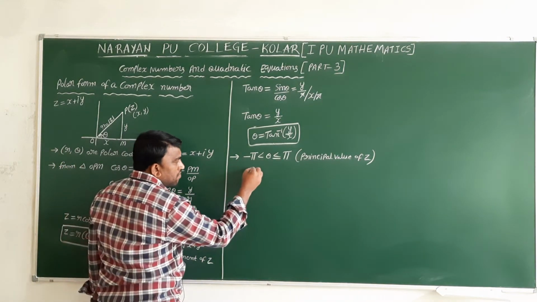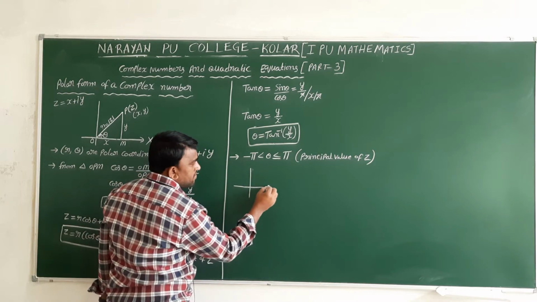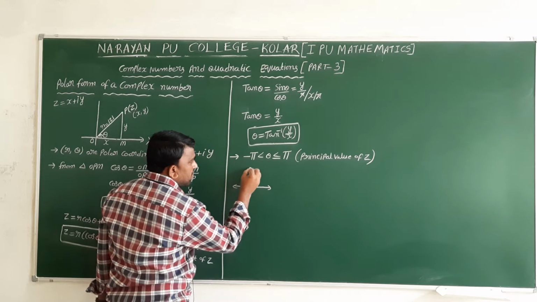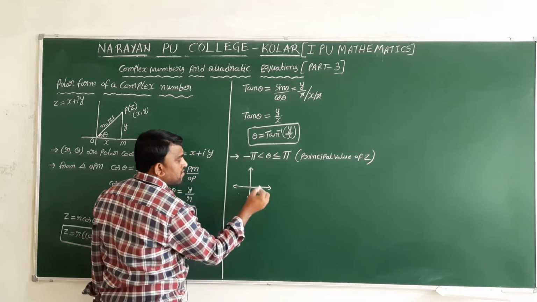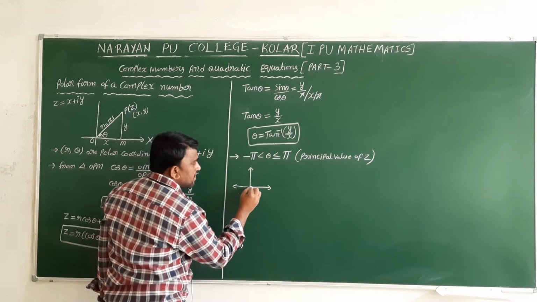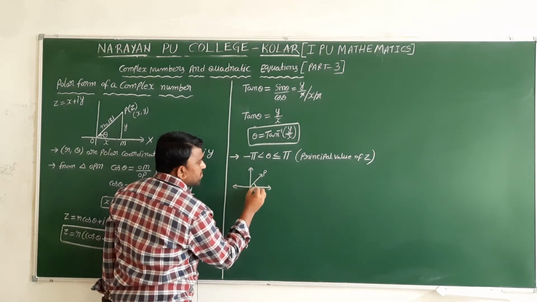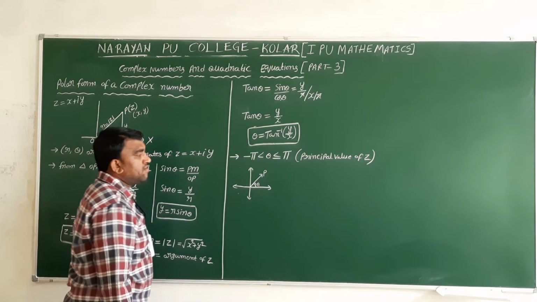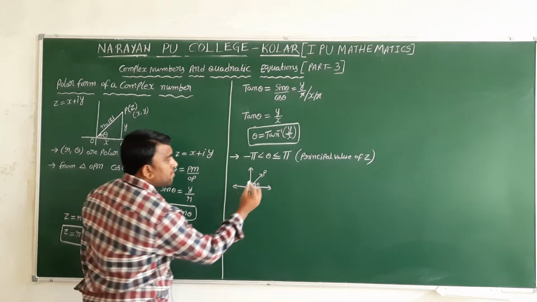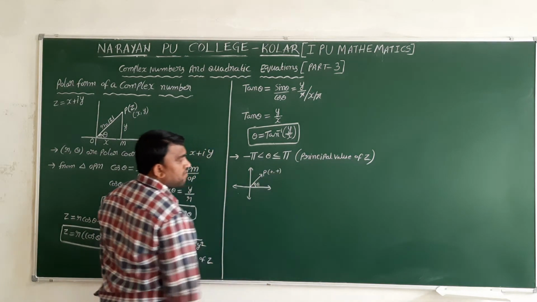Suppose P lies in the first quadrant. Simple thing. This is first, second, third, fourth, we know that.